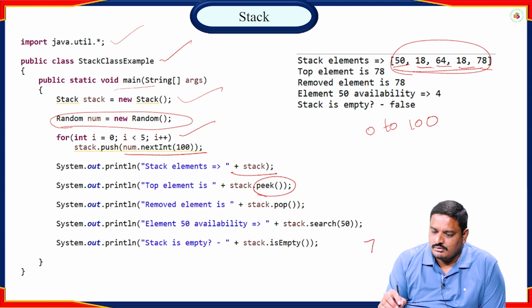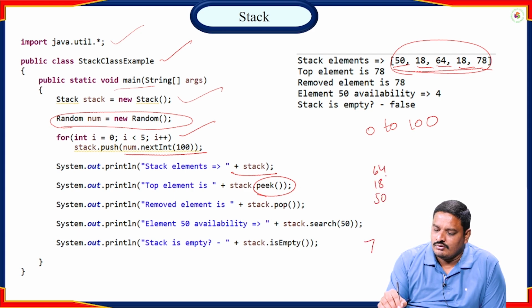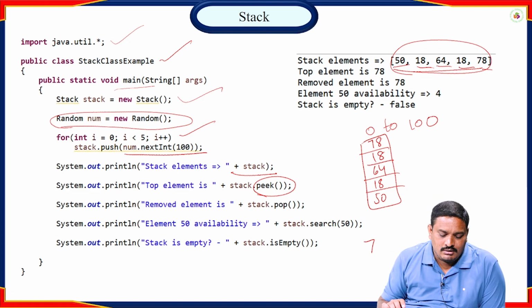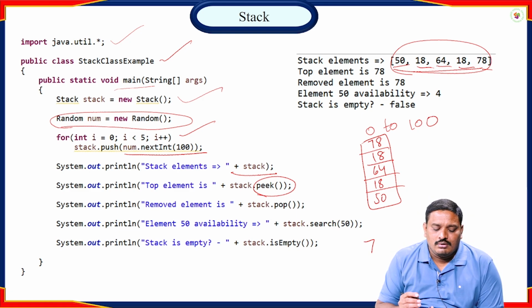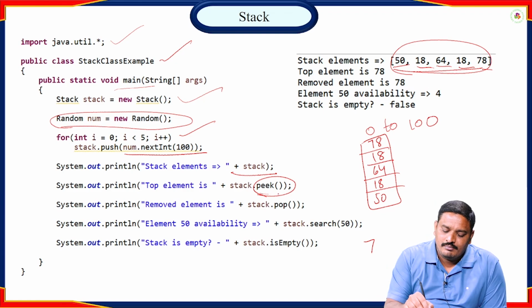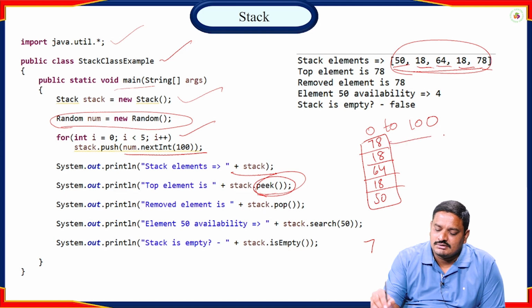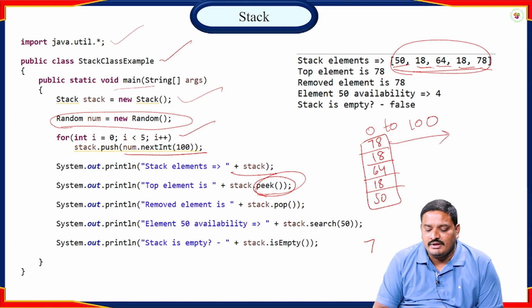First is 50, then 18, 64, 18, and 78. These elements are available in that stack. Now I am taking the topmost element in that stack. That's why I am using the peek method. By using the peek method, the top element 78 will be displayed.